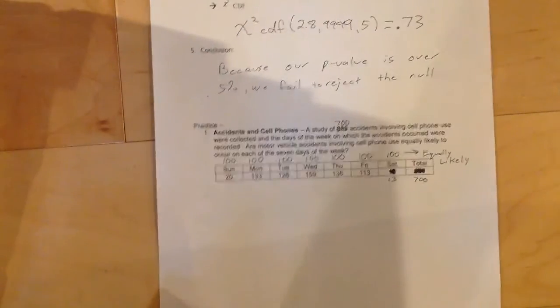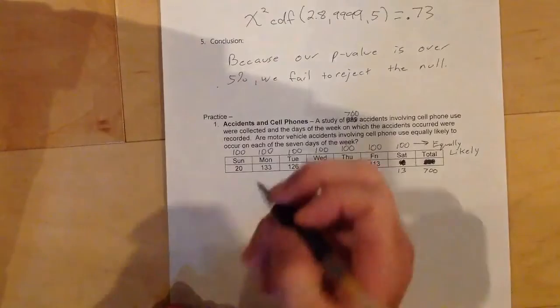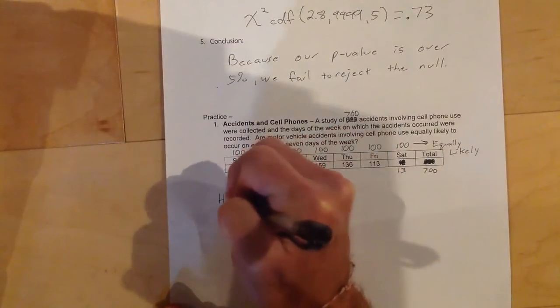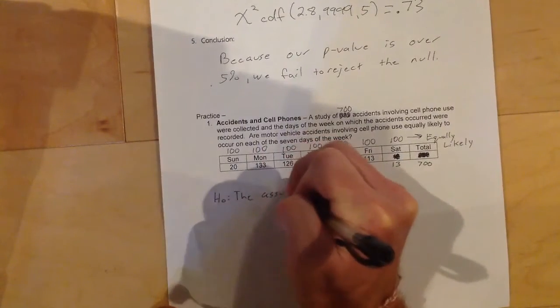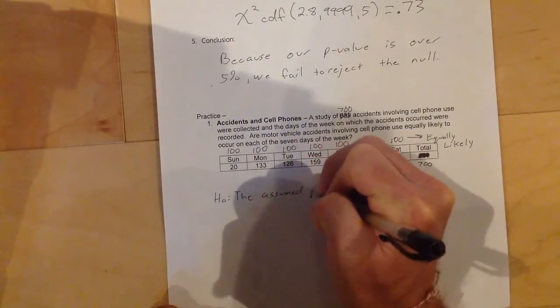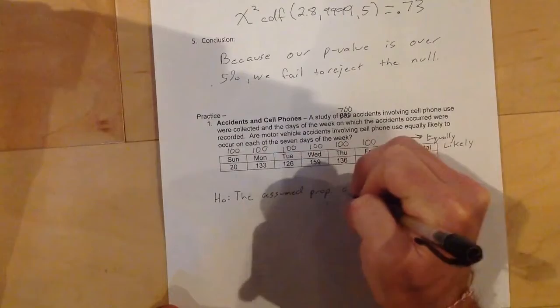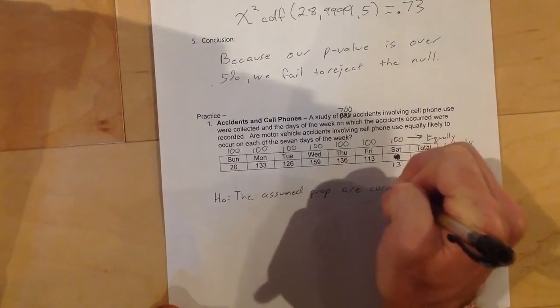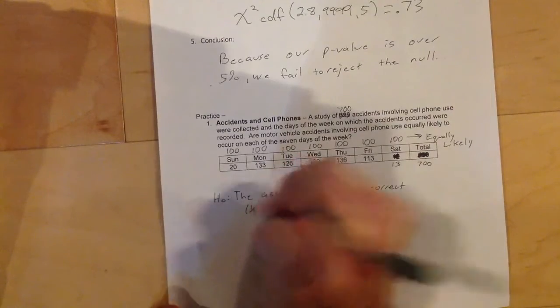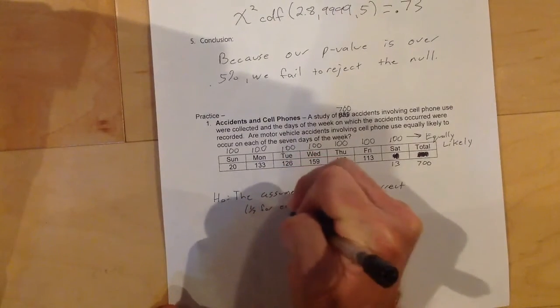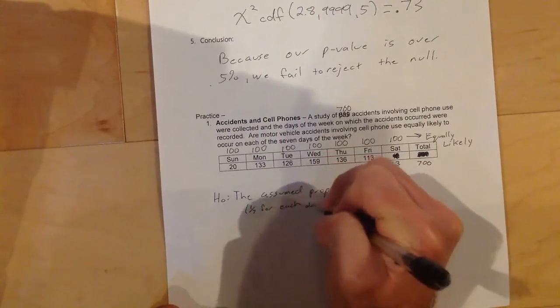So we run through the same process we normally do. We start with a null, which is that the assumed proportions are correct. In our case, that's just 1 out of 7 for each day. That would be equally likely.